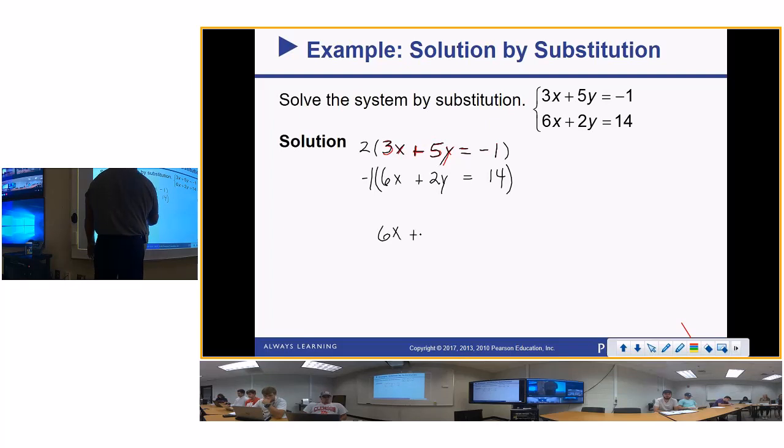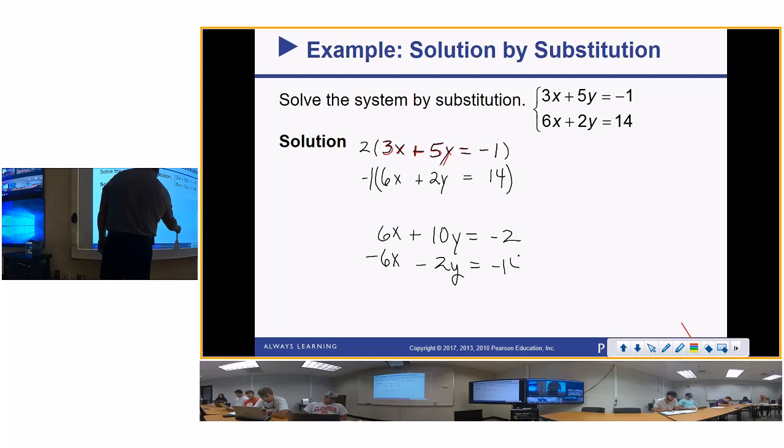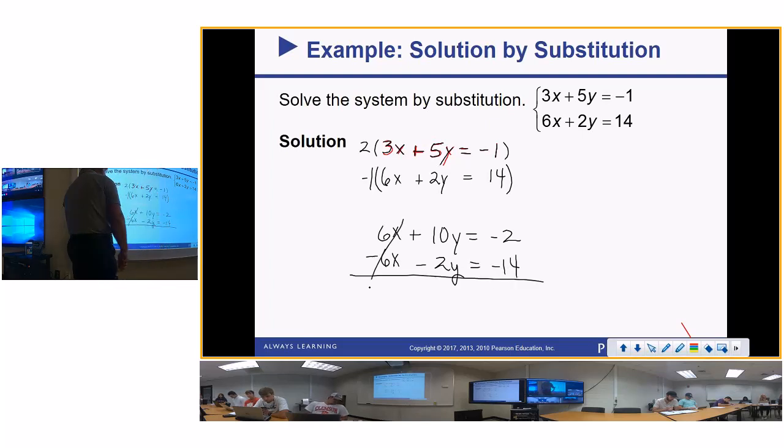6x plus 10y is equal to -2. And -6x minus 2y is equal to -14. And that goes out.